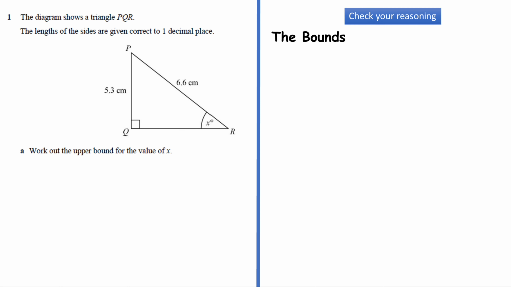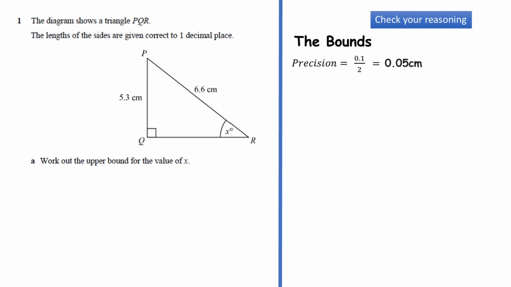To do this, we would need to have an understanding that if the lengths are measured correct to 1 decimal place, then it means that the instrument used to measure the length is precise to the 0.05 centimeter.